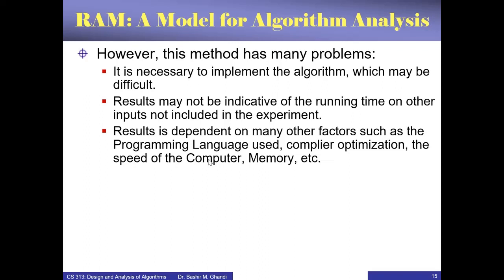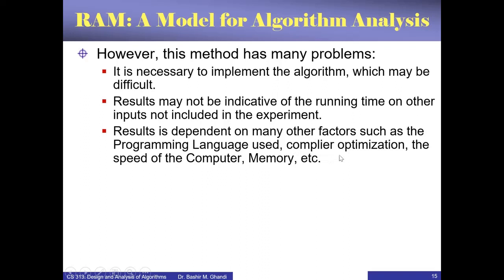So you'll see that the result you're going to get if you run your algorithm using C may be different from what you will see if you implement it in Java and then run it. So it could be showing you the efficiency of the programming language used rather than the efficiency of your algorithm.